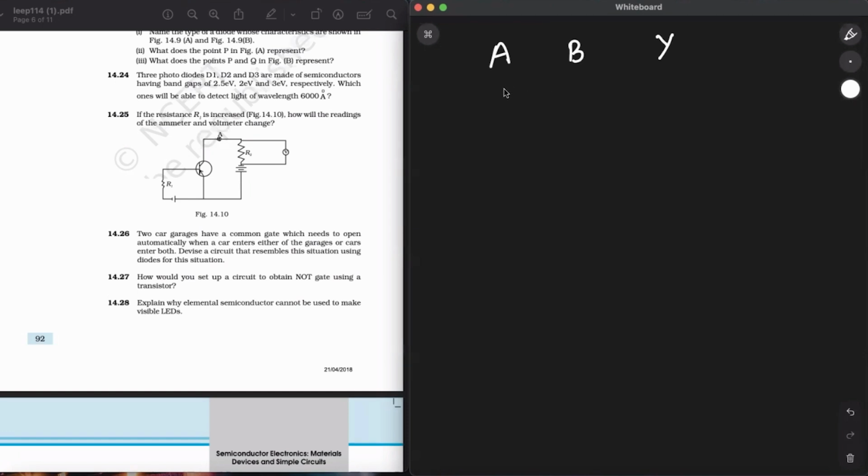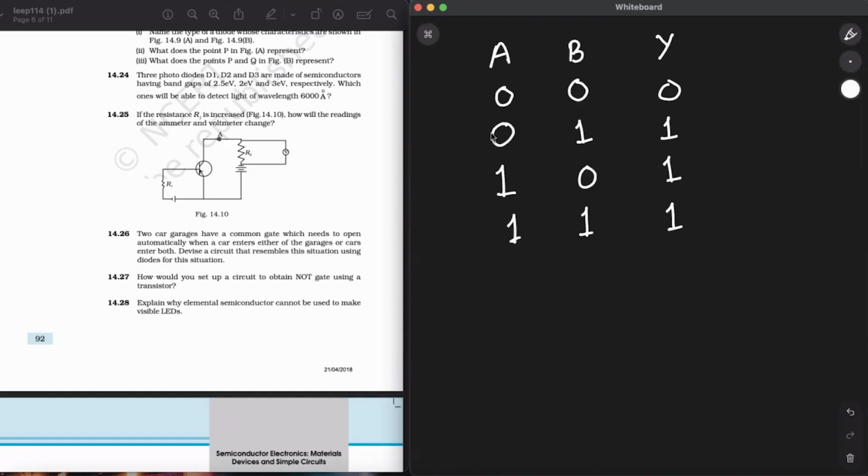So when a car enters neither A nor B, the gate remains closed. When a car does not enter A but enters B, the gate opens. When the car enters A but does not enter B, then also the gate will open. And when the car enters A as well as B, then the gate will open.